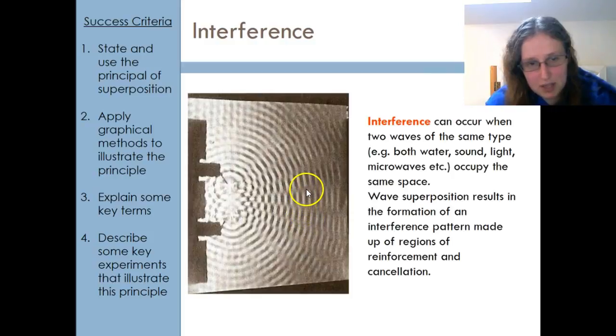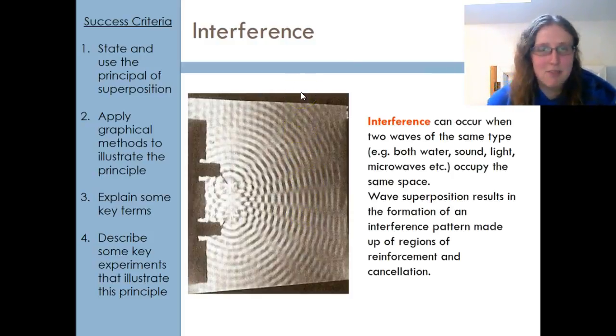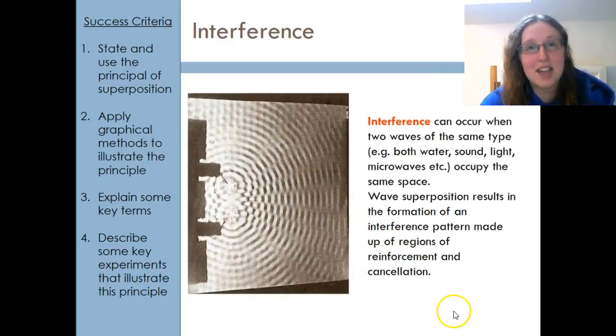We get this alternating pattern of what we call maxima and minima. Those are caused by regions of reinforcement and cancellation, which we looked at when we talked about superposition. So that thing that was really short, cropping up again and again, has been very useful.